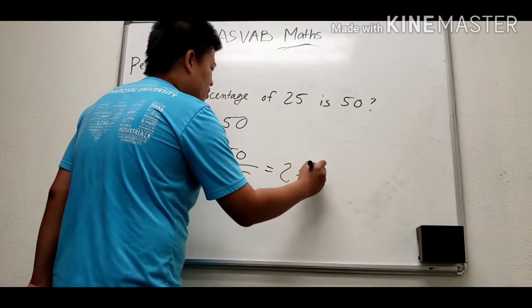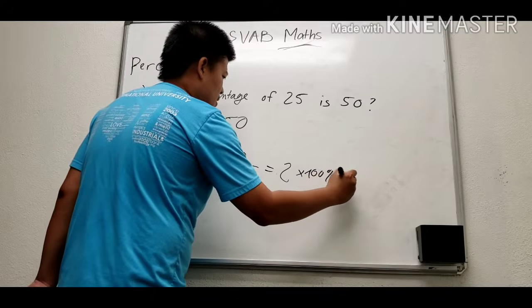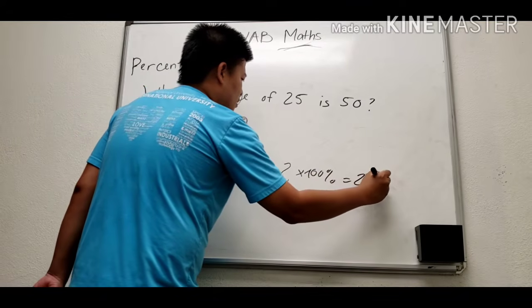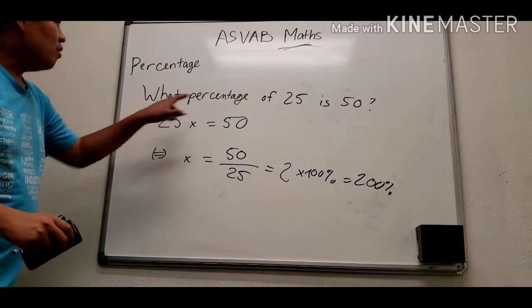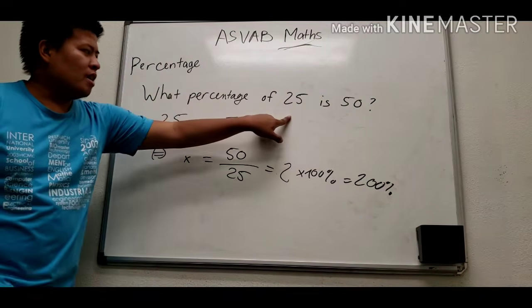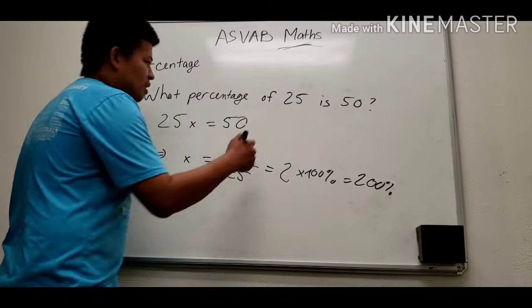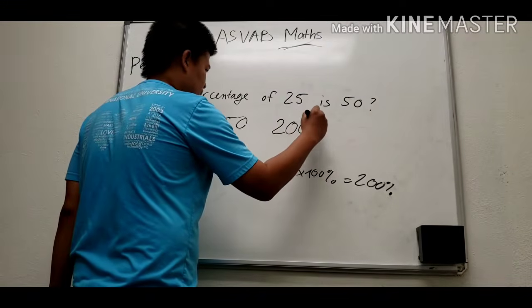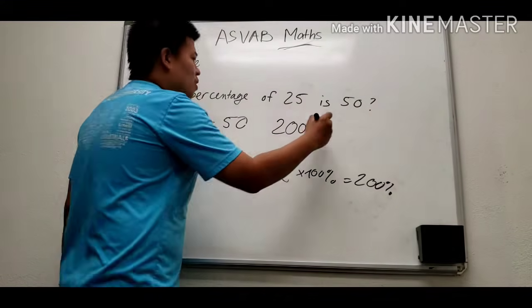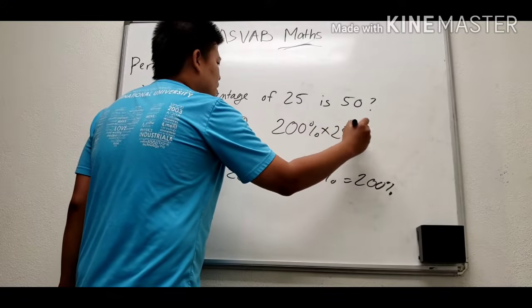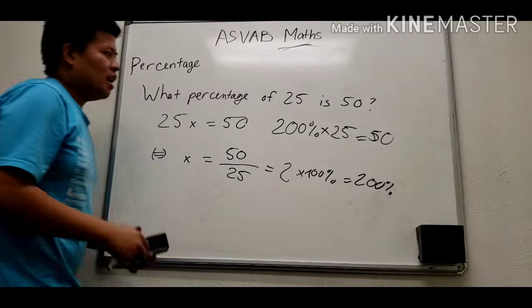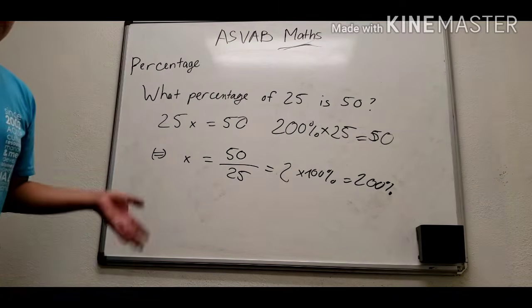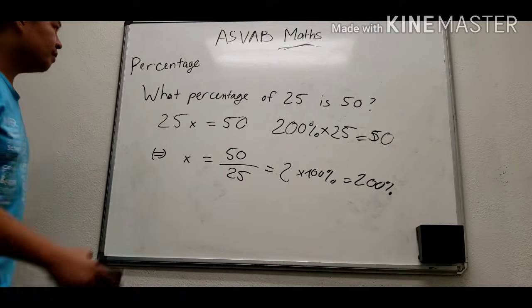We multiply by 100, so we have 200 percent. So 200 percent of 25 is 50, because if we multiply 200 percent by 25, we get 50. That's the answer for how to do percentage here.